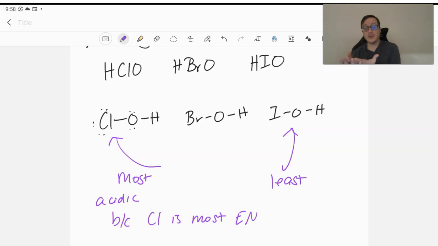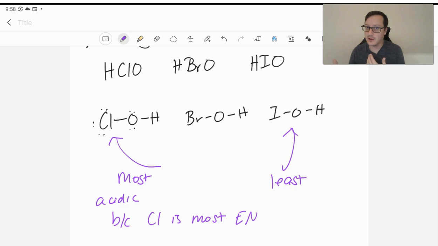So think of electronegativity as helping to pull electrons towards itself. So chlorine pulls more of the electrons from oxygen than bromine would. And as a result, because the oxygen's electrons are being slightly taken away, even though oxygen overall is more electronegative, we're looking at the other side now, chlorine can pull a little stronger.